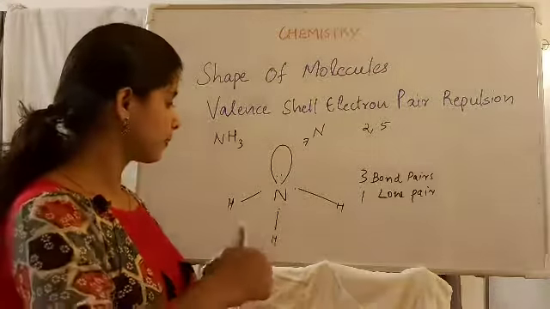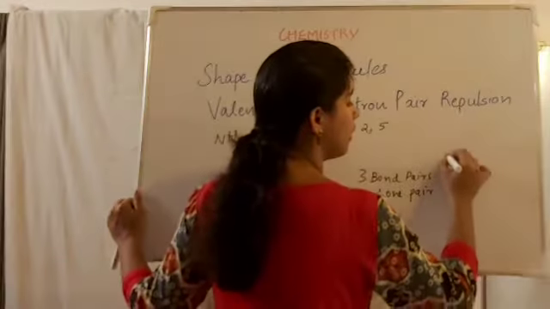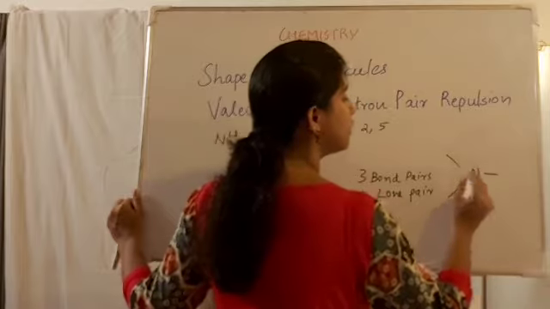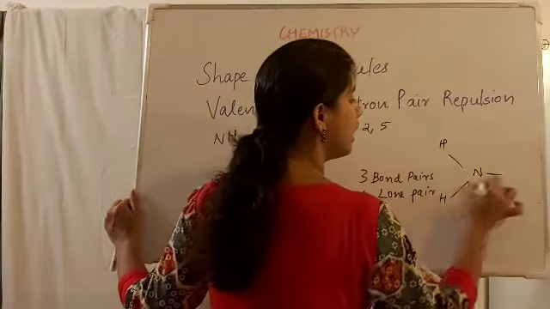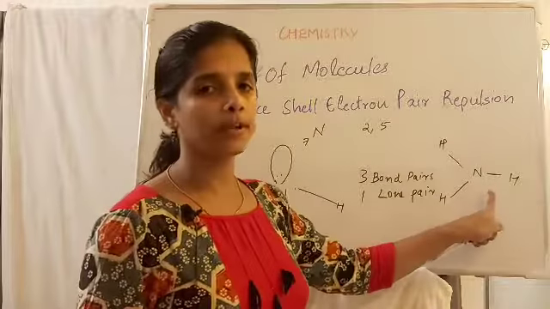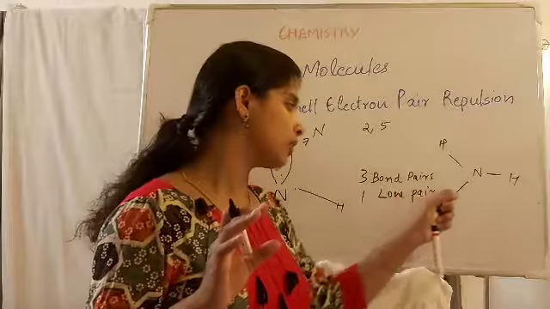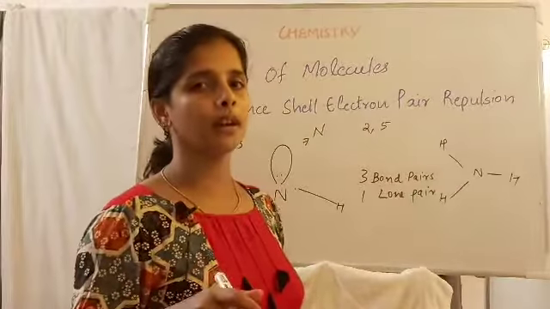So we can say if there were only 3 bond pairs, like in BF3, the geometry would be trigonal planar.